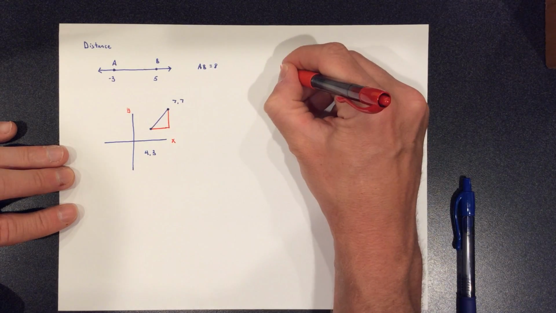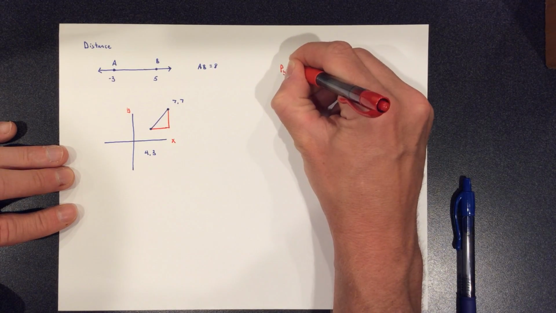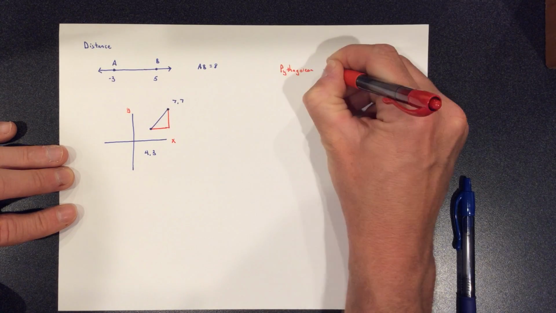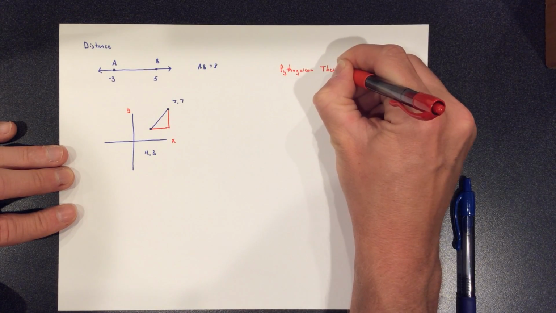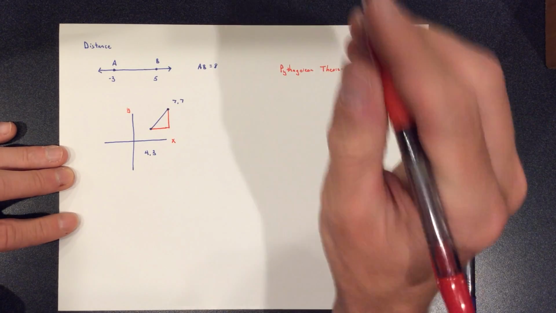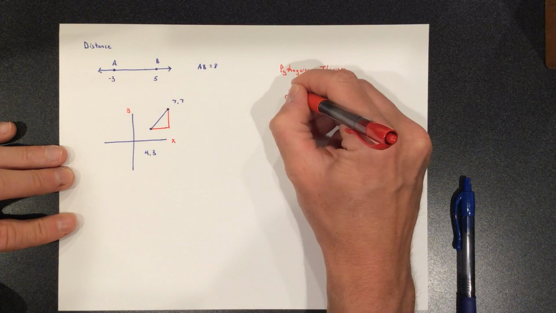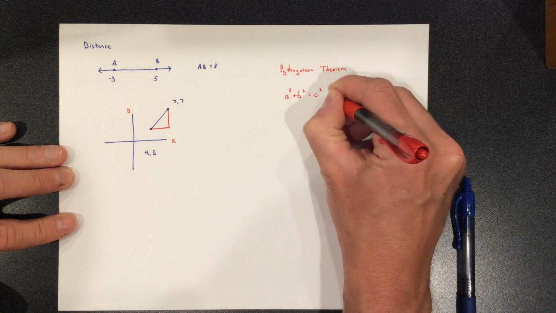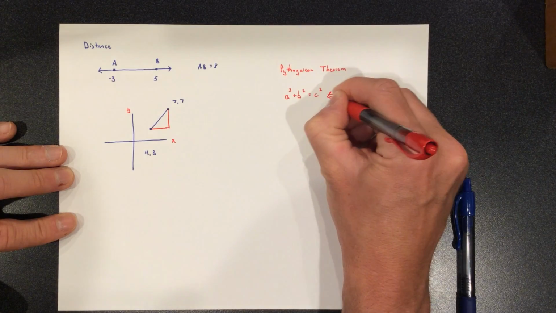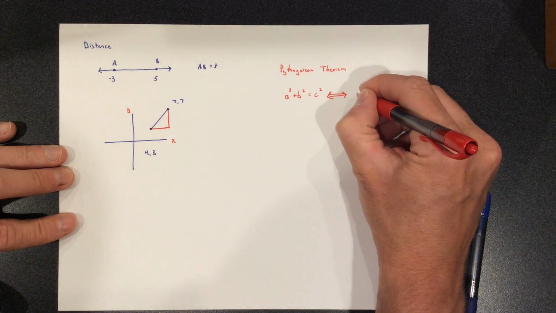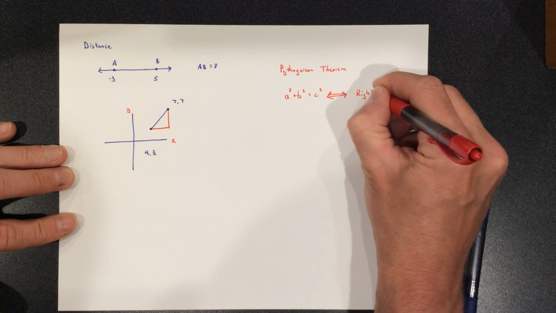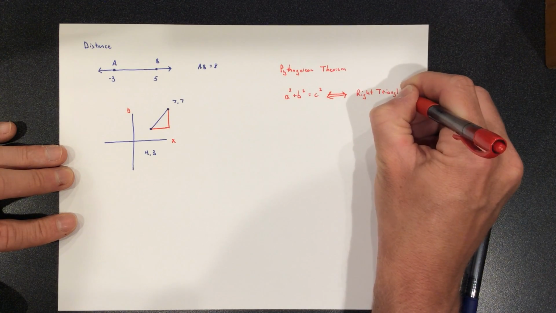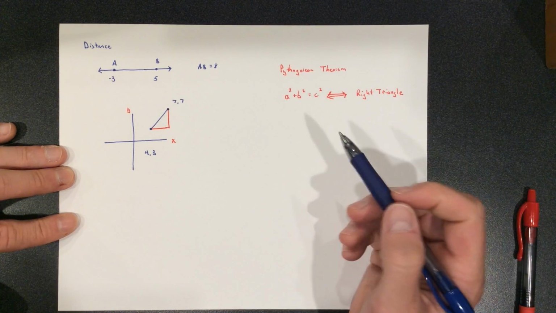The Pythagorean theorem says this: a squared plus b squared equals c squared if and only if you have a right triangle. I know we haven't talked about proofs or logic yet, but let's do a little lesson here.